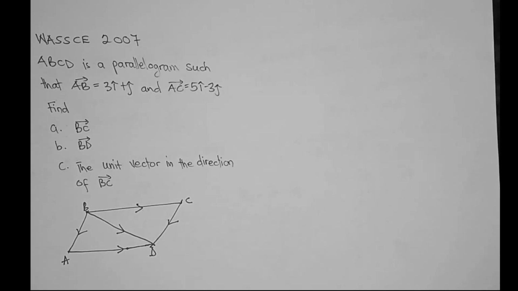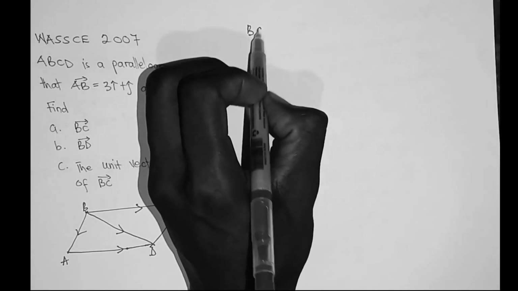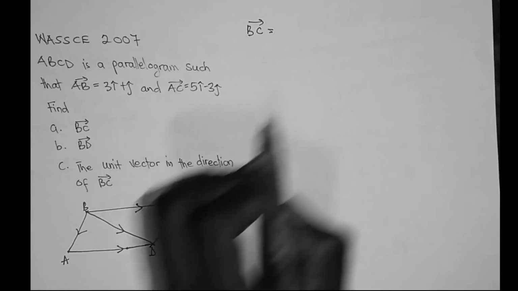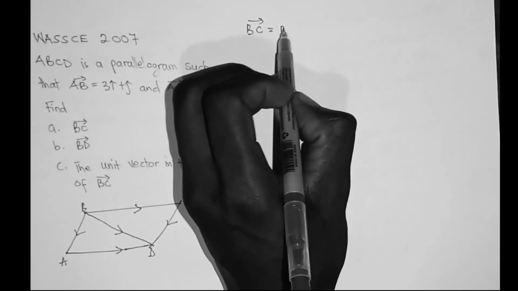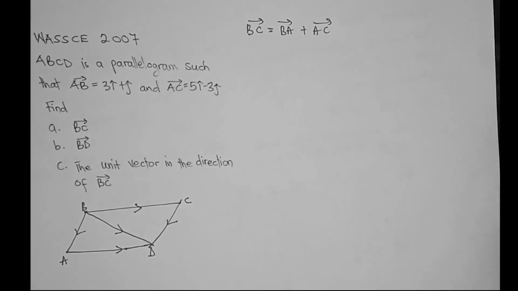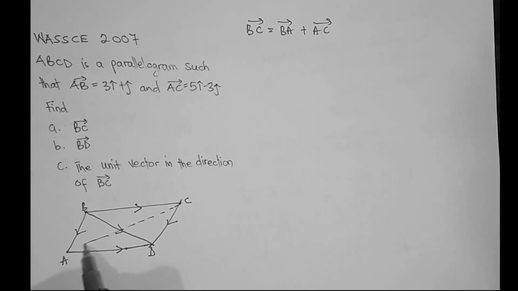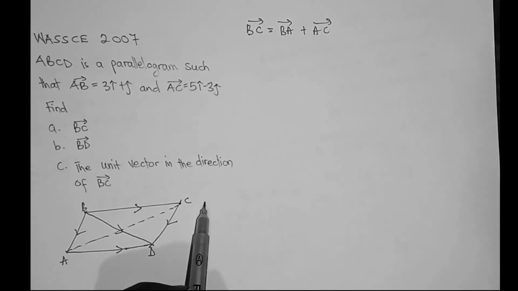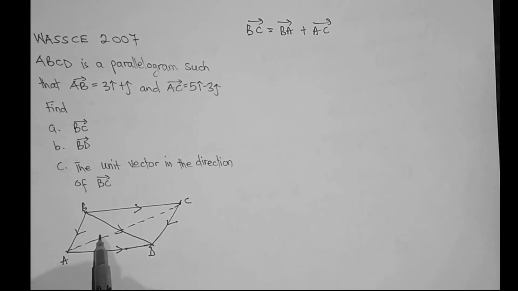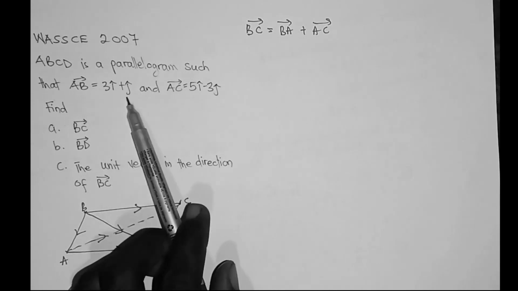So let's write the formula for finding BC. BC is equal to vector BA plus vector AC. So let me draw a dotted line here. So BC is the vector BA plus the vector AC. So that is true. But in the question, they give us AB.